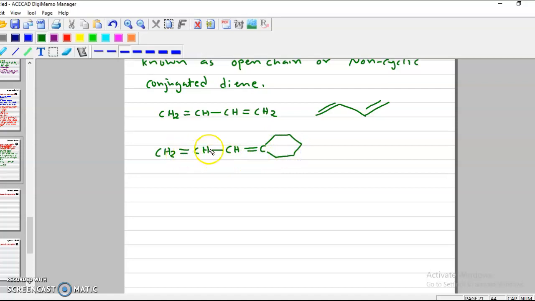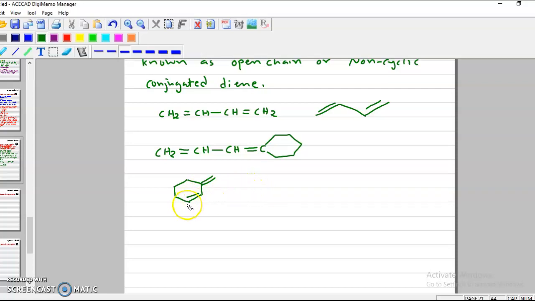But here both double bonds are not in a cyclic ring, they are open. So this is also an example of open chain diene system. Or if there is a cyclic ring, maybe of 6 member, 5 member or whatever, but one double bond is present in the ring and another double bond is outside the ring and in conjugation, that means in alternate position, then it is also known as non-cyclic or acyclic conjugated diene system.